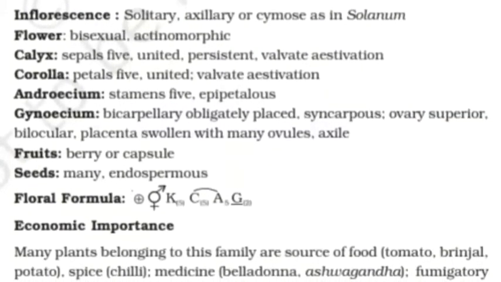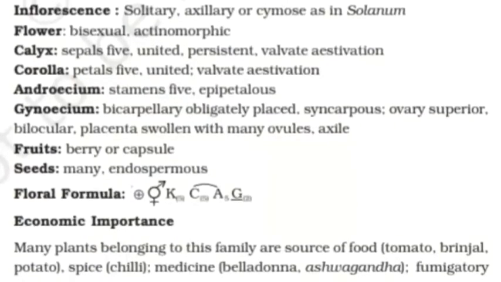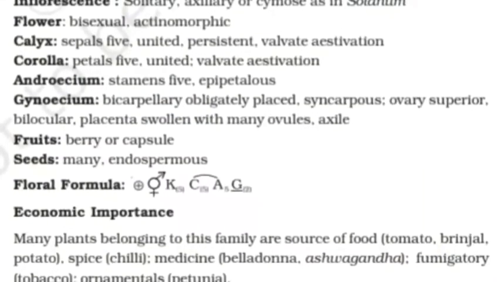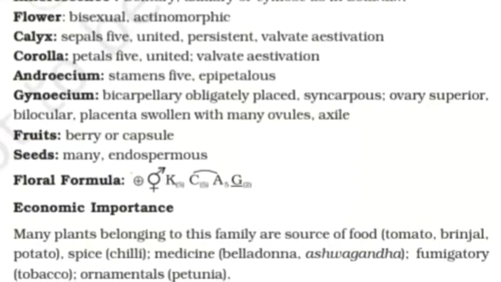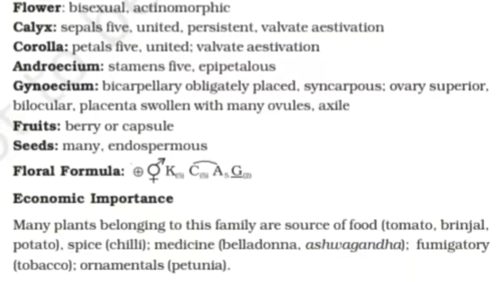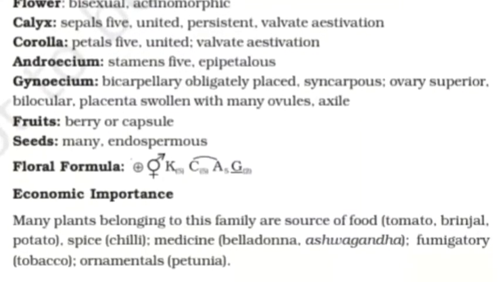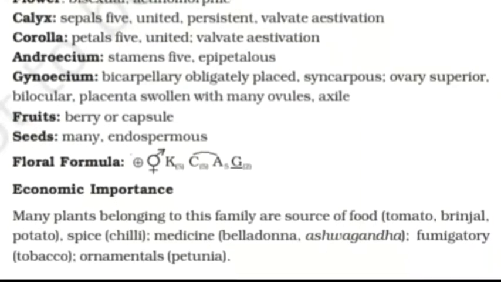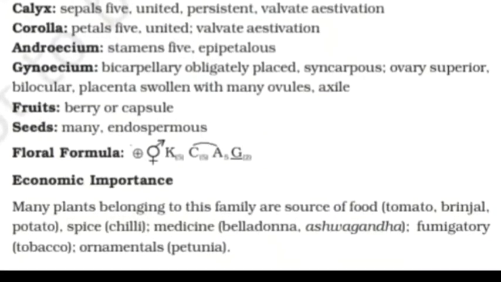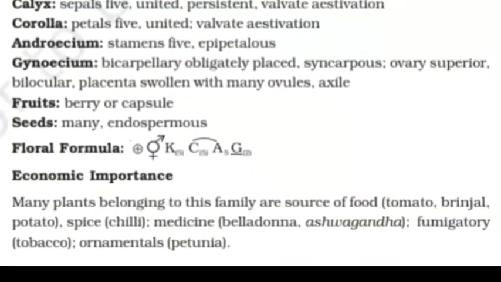Gynoecium bicarpellary, obliquely placed, syncarpous, ovary superior, bilocular, placenta swollen with many ovules, axile. Fruit berry or capsule, seeds many, endospermous.